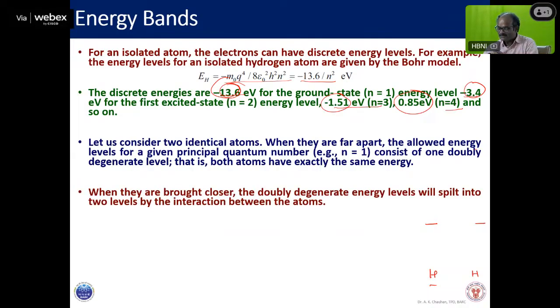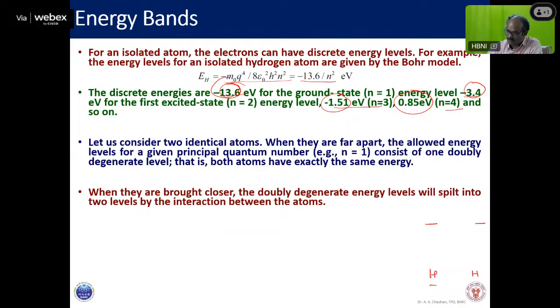Now the problem starts when you start bringing them together. When they are brought closer, this doubly degenerate energy value will split into two levels. Why will it split into two levels? Because of Pauli's exclusion principle, which says that the electron is a fermion, and no two electrons in the same system can have all the same quantum numbers, or the same energy level.